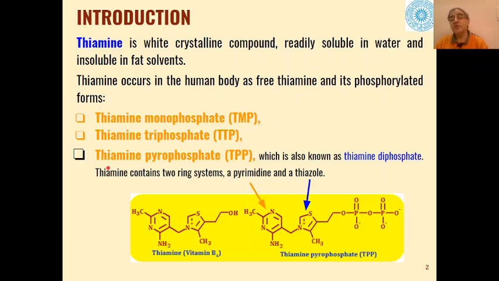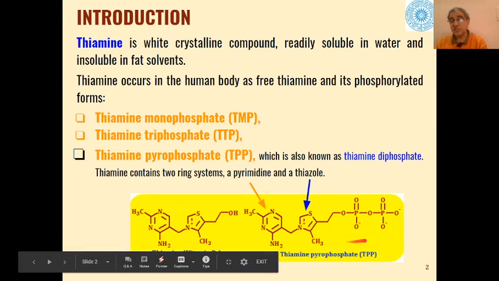From our point of view, the most important one is thiamine pyrophosphate, which acts as a coenzyme in different types of reactions, and this is called TPP, also known as thiamine diphosphate.